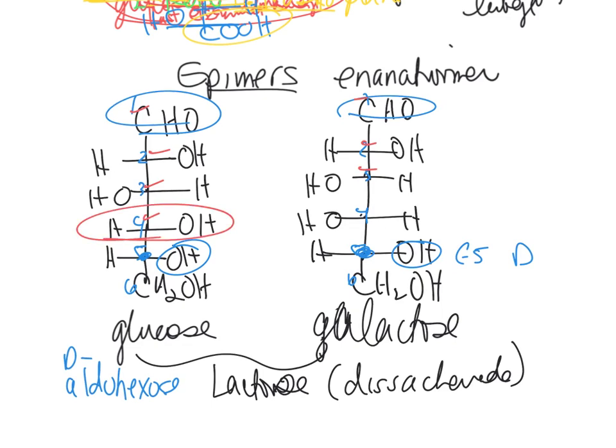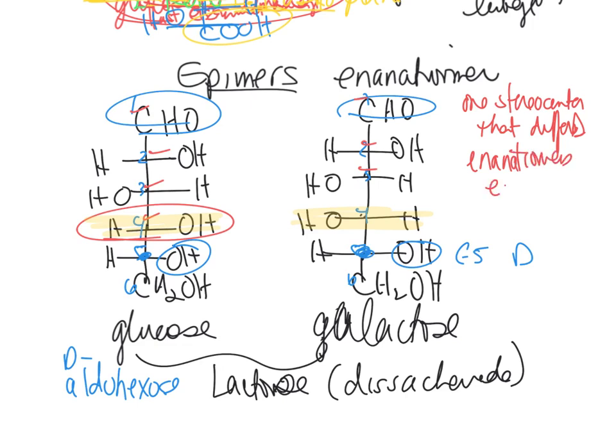This OH is here, whereas at C4, the OH is on the other side. They only have one stereocenter that differs. Everything else is the same. And these are called epimers. Okay, and that's the stereochemistry.